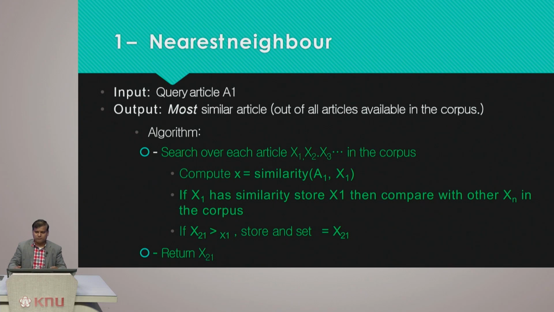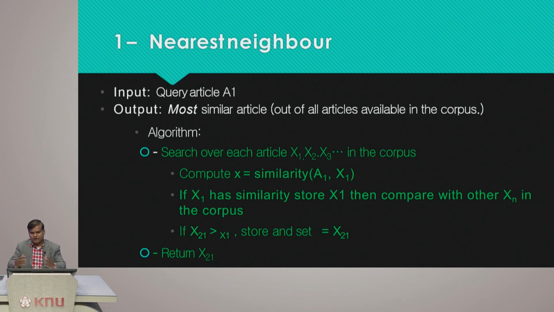When I say the word corpus, it's the whole domain of all the documents that you have in hand, all the files, all the articles that you have in hand. That's where you are going to search. And again, you have to define how you are going to search. Are you going to search for words, and how are you going to find the similarity? We'll see a touch of that later on, but let's look at this algorithm now.